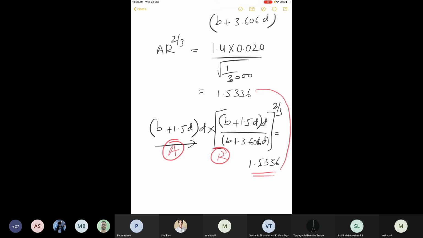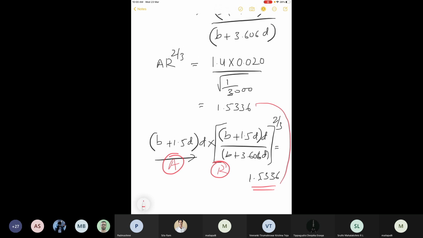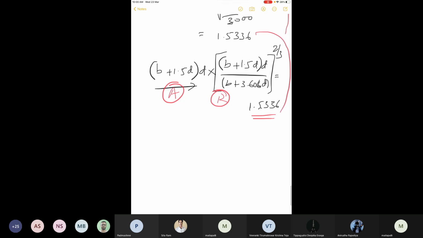before that, we have to find out the efficient cross section of a trapezoidal channel.